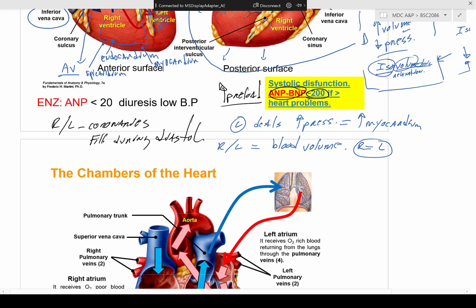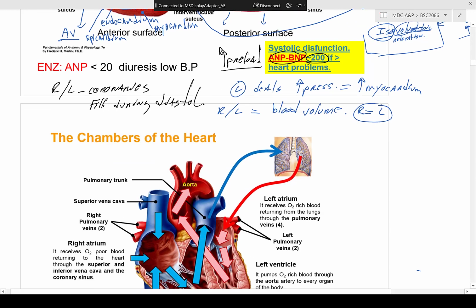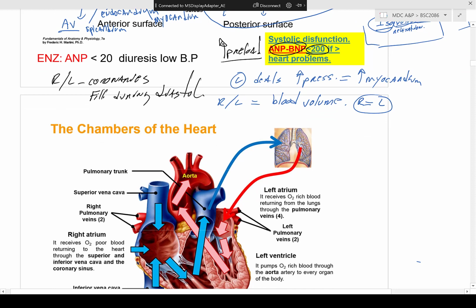Okay. Normally, ANPs, they work as what? Diuretics, right? Or to increase diuresis in your body. You're gonna pee that out, and your blood pressure should do what? Decrease. So far so good? So that's endocrine and the heart.